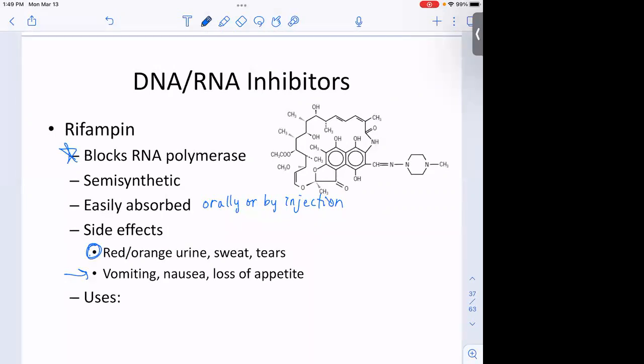Primarily, we use this drug for tuberculosis, along with, remember, the other drug, isoniazid, which was the mycolic acid inhibitor, so TB and leprosy. Okay, so we kind of save this drug so that hopefully it can at least be effective for that TB, which we don't have a lot of options for.